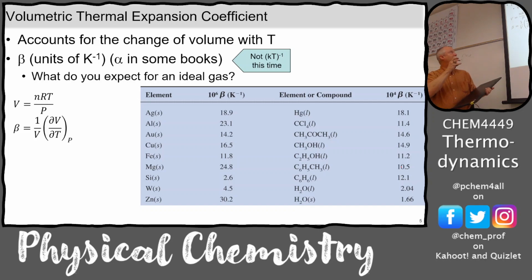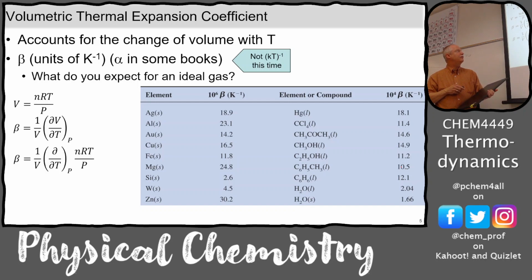So we could take that beta and we could operate on our state function, our ideal gas. So we can take this and we can differentiate volume. So we have this written in terms of volume. So we can look at the change in volume with respect to temperature, holding pressure constant. So that's what we're doing here. We set this up. So we're taking the derivative of nRT over P with respect to temperature.